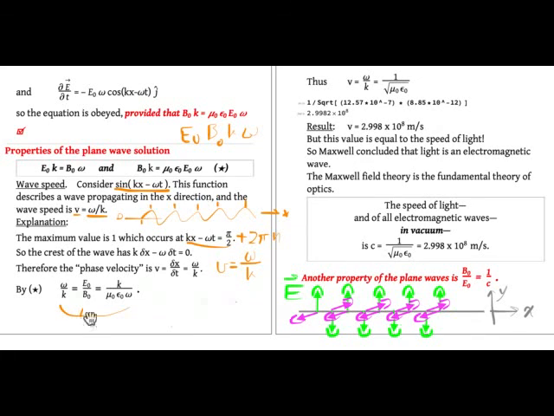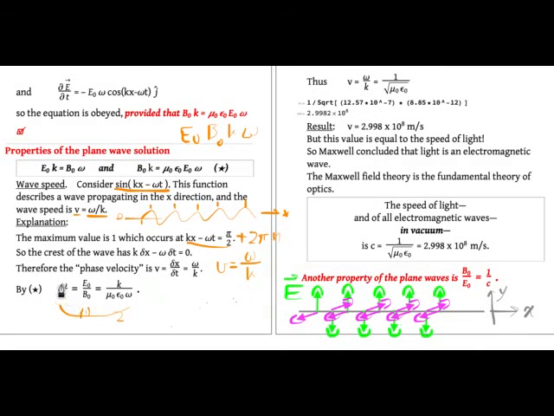So this is a consequence of the first equation: E naught divided by B naught is omega over k. And this is a property of the second equation: E naught over B naught is k over mu 0 epsilon naught omega.